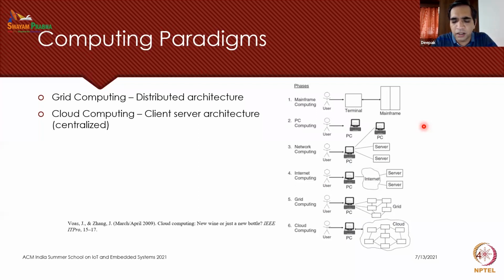But then came the next phase where things got a little more distributed. The grid computing phase is such an architecture where the computing itself became quite distributed. You had different PCs in different networks, and you could distribute a particular computation workload among these different machines, and that came to be known as the grid computing phase.